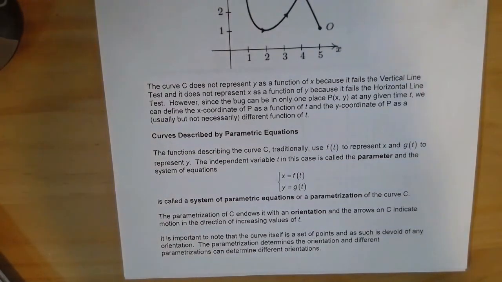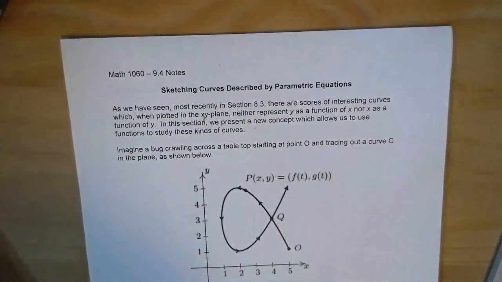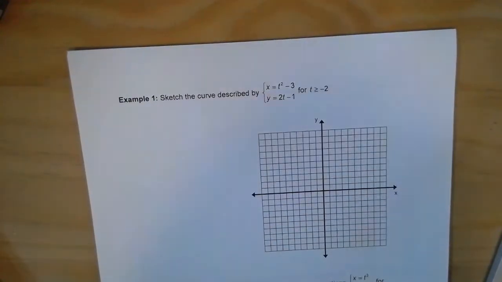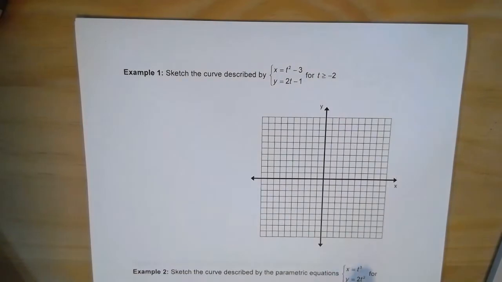The parametrization determines the orientation, and different parametrizations can determine different orientations. That's a mouthful. Okay, so let's get into what this means, and I'll discuss that as we sketch this out.